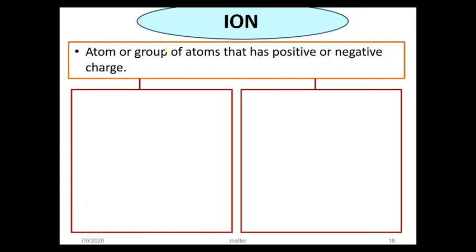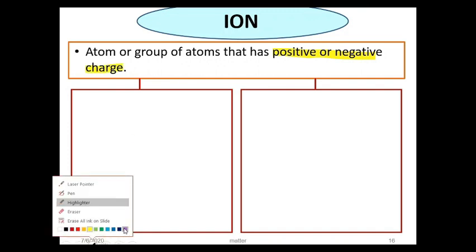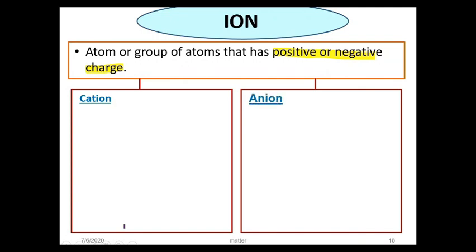An ion is an atom or group of atoms that has a positive or negative charge, which are cation and anion.